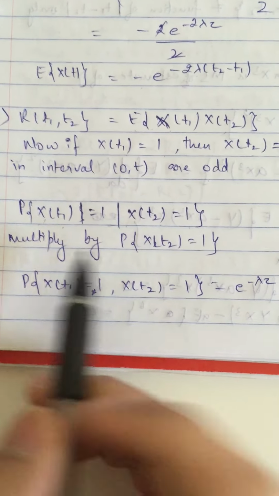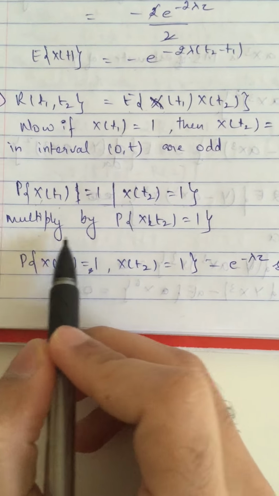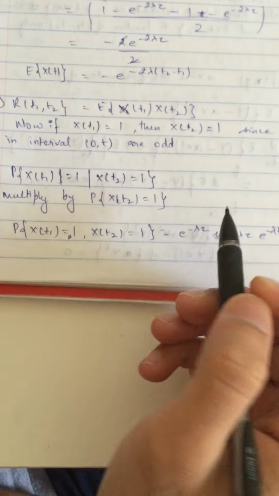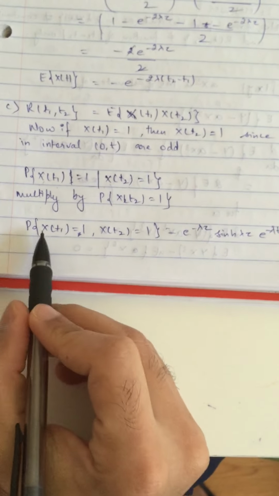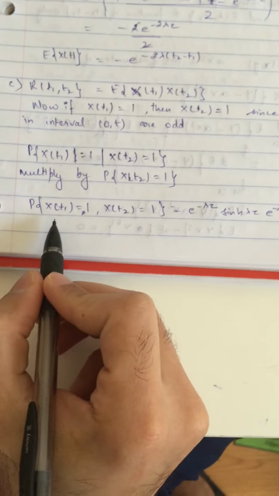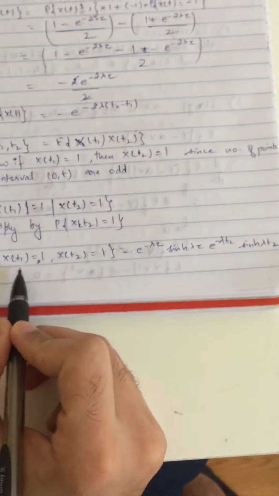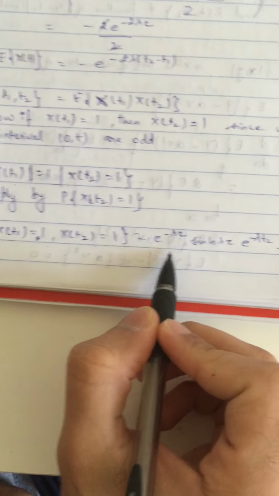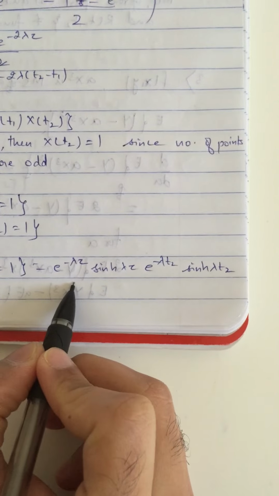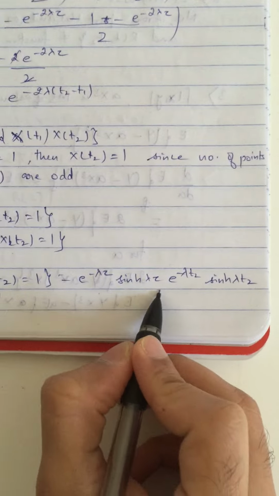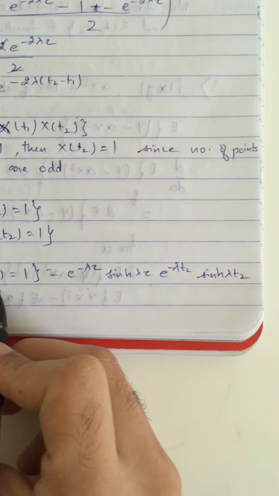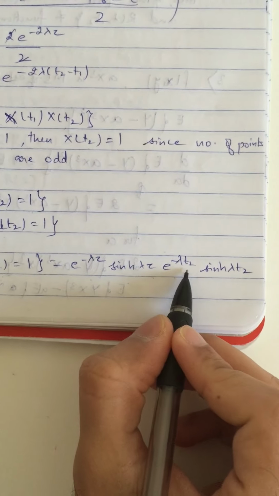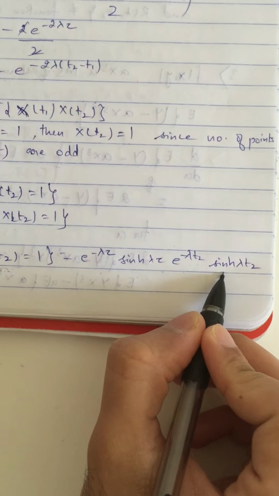So for solving this, let's multiply the numerator by P of xt equals 1, xt2 equals 1. So this becomes the intersection of P of xt1 equals 1 into P of xt2 equals 1. So on putting the values, this becomes e raised to minus lambda tau sine hyperbolic lambda tau, and this is also for the odd term, so this becomes e raised to minus lambda t2 into sine hyperbolic lambda t2.